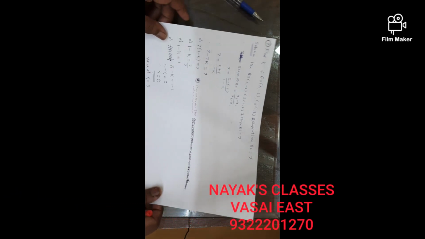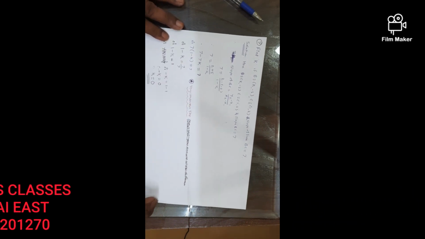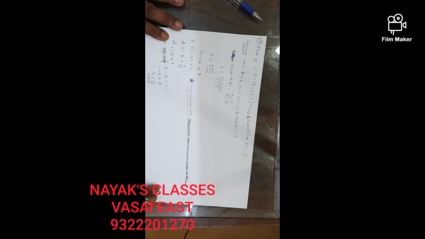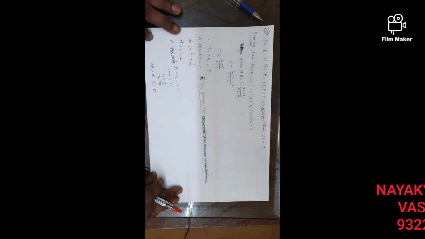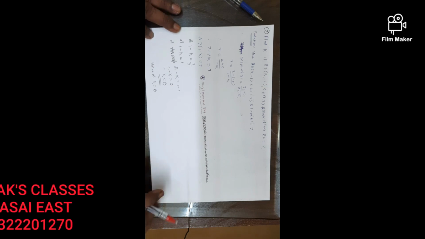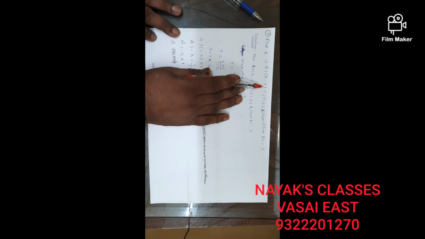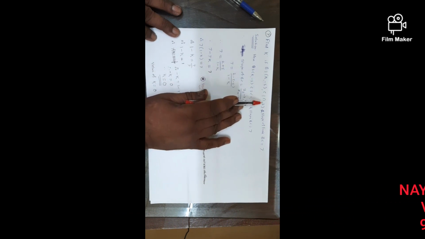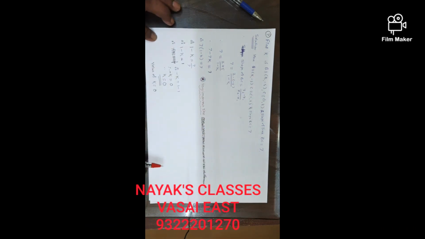Next is the 7th one, same as what we just solved. This is the second example of the same type. Find the value of k if B is (k, -5) and C is (1, 2) and the slope is given as 7.